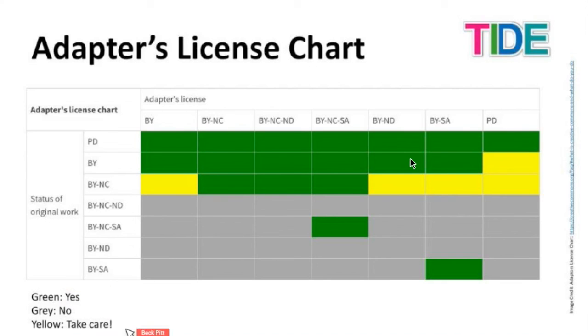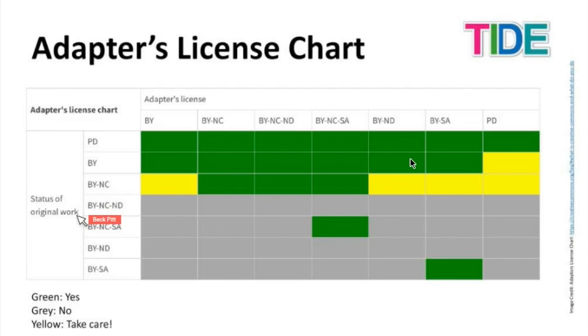I've put a key, it's not a very good key, but there are further instructions on the link. Basically, yellow is telling you that you might want to consider a different way of licensing something.